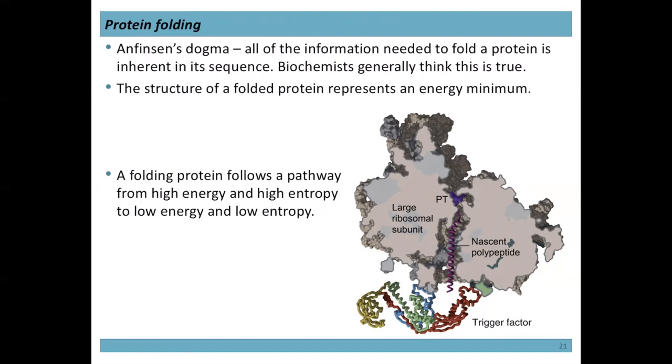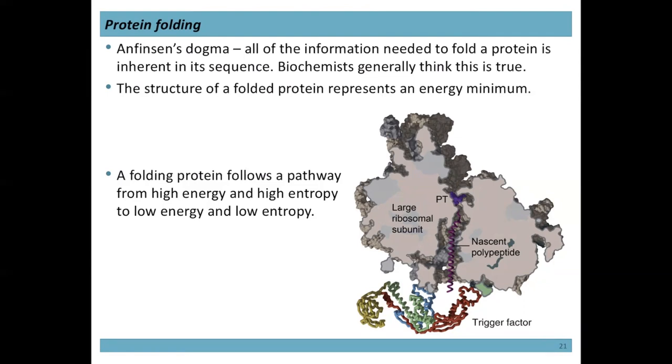But sometimes proteins need a little bit of help to find their true structure. So they may get close, but they may need some help to find their true structure. But the structure does represent an energy minimum, not the most energetically favorable structure, but an energy minimum. And I'll show that to you in just a second in what's referred to as a protein folding funnel.